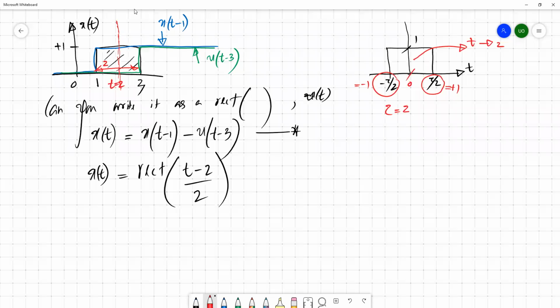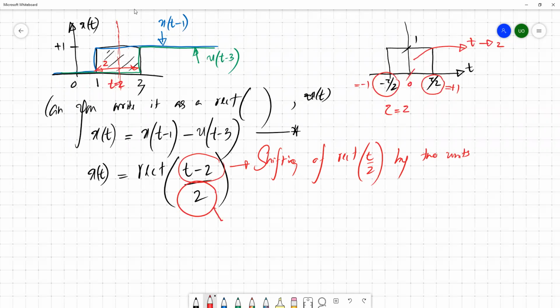This block represents the shifting of the original rect(t/2) by 2, and this represents the pulse width.